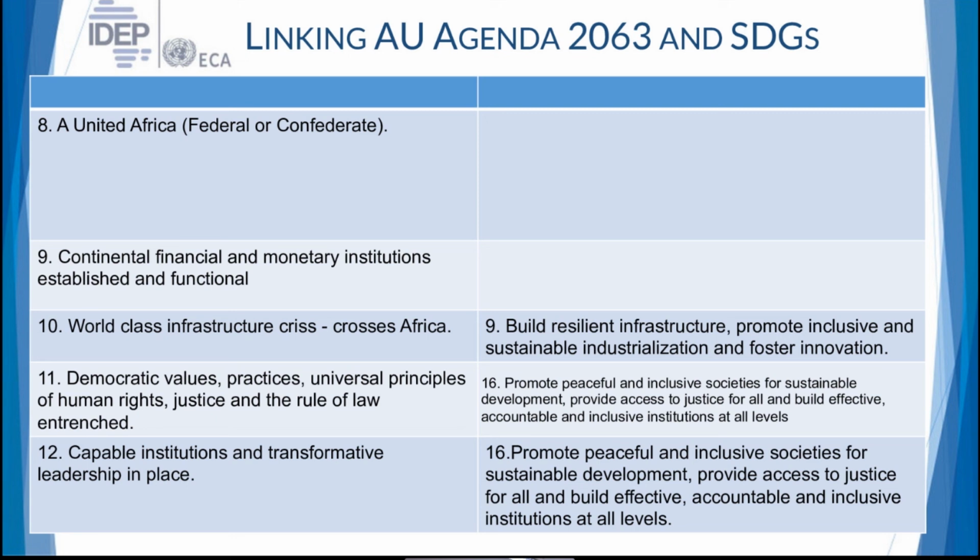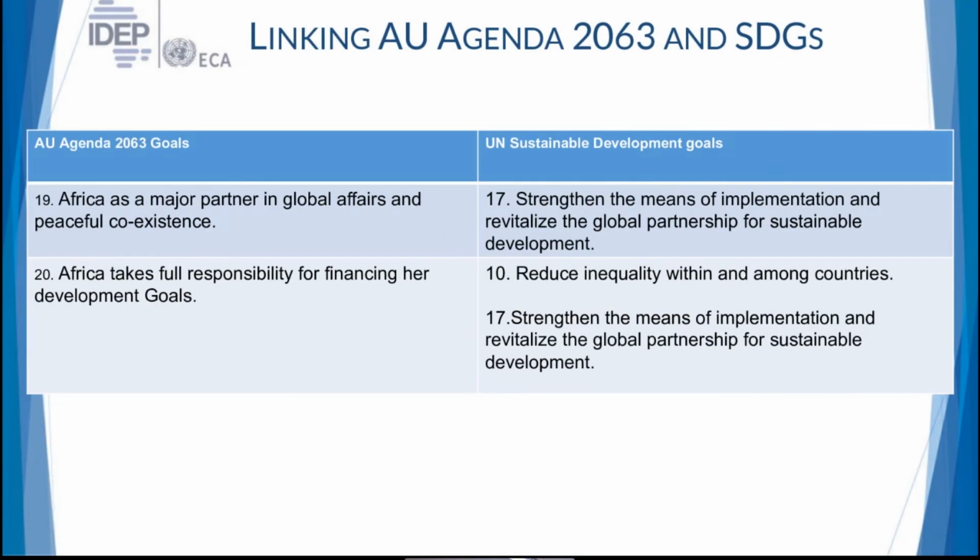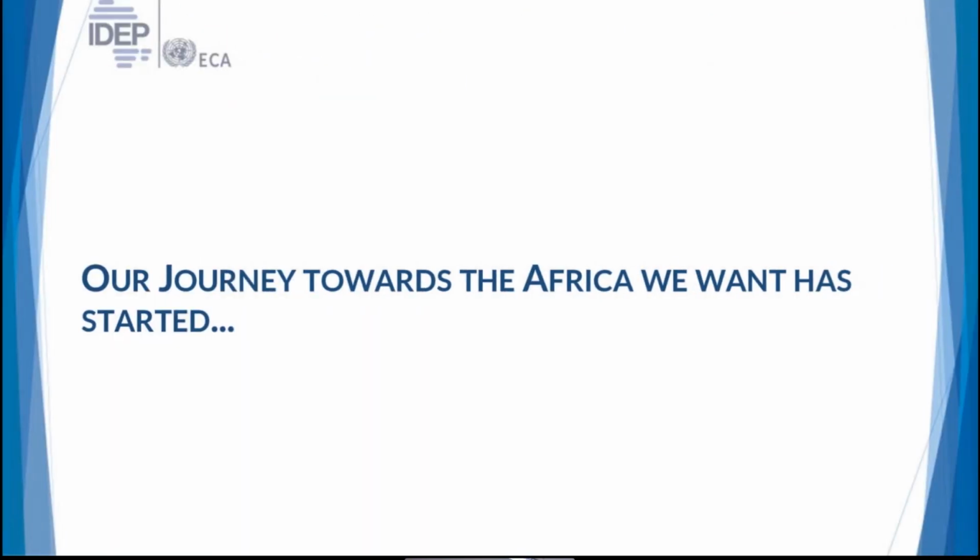Considering the establishment of a financial and monetary institution, there's no direct relationship. So there are really very limited areas where you will not find a relationship. This is really what I wanted you to see. You have the AU agenda, but the AU agenda has to be considered in relationship with the SDGs. So this is what I wanted to tell you.